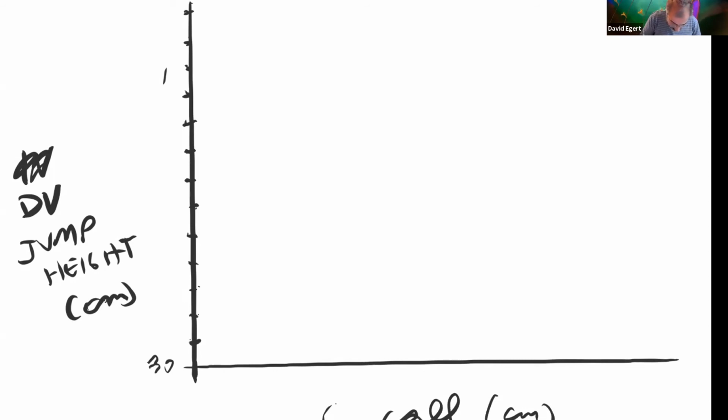Let's be 30, 31, 32, 33, 34, 35, 36, 37, 38, 39, 40, 41, 42, 43, 44, 45. So there's my calf circumference on the x-axis.